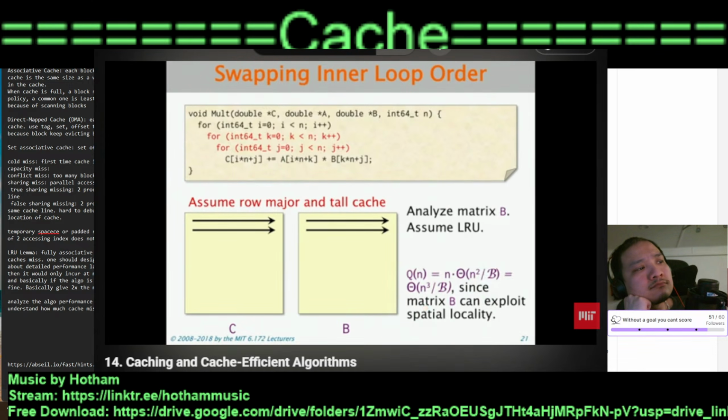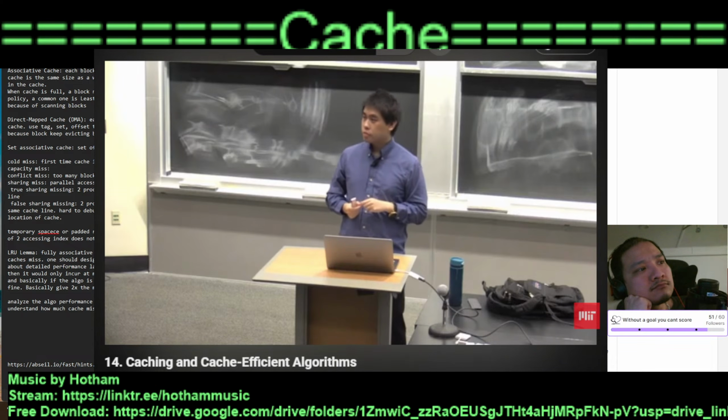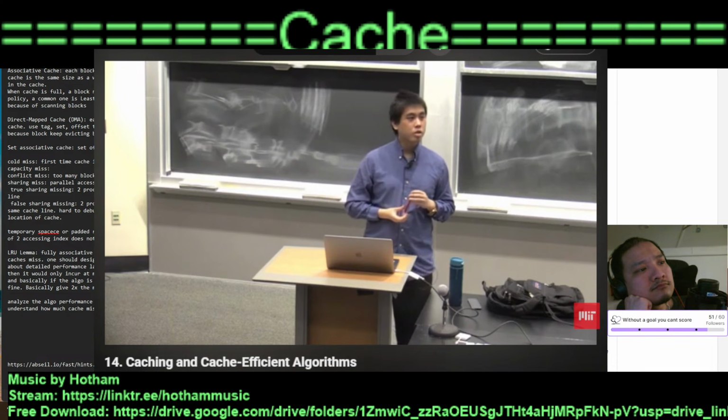So in total, I'm going to get theta of n cubed over B cache misses. If you swap the order of the inner two loops, this significantly improves the locality of your algorithm, and you can benefit from spatial locality. And that's why we saw a significant performance improvement in the first lecture when we swapped the order of the loops. Any questions?